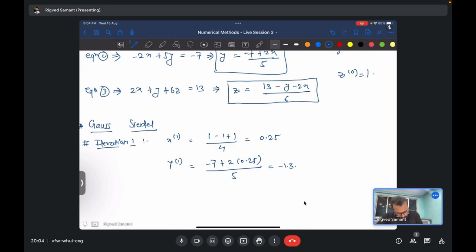Yeah. And z1, you will use this y and this x to find z1. So 13 minus 1.3 minus 2 into 0.25, divided by 6.